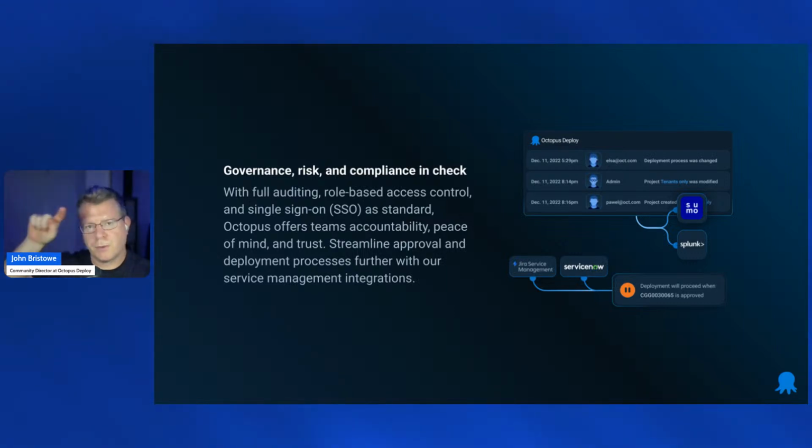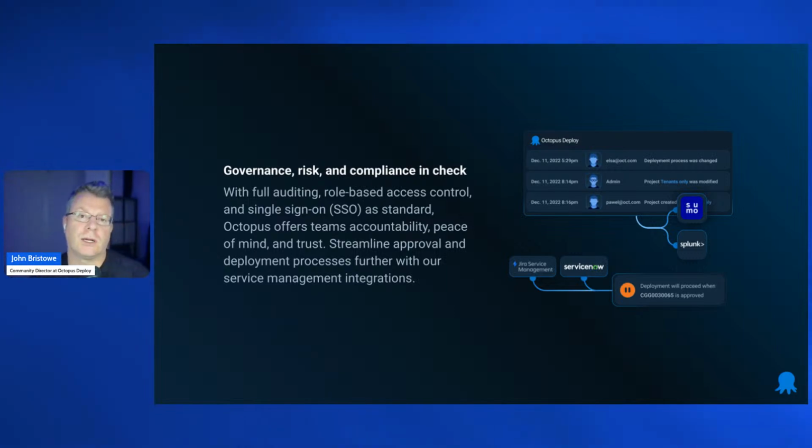ServiceNow will approve the change request, which will then act as an arbiter to Octopus and say, yep, go ahead and issue this deployment. So you can use ServiceNow as a control mechanism for Octopus, which is great. This is a common scenario we see in organizations where folks want to control downstream operations, and Octopus can participate in that very easily.